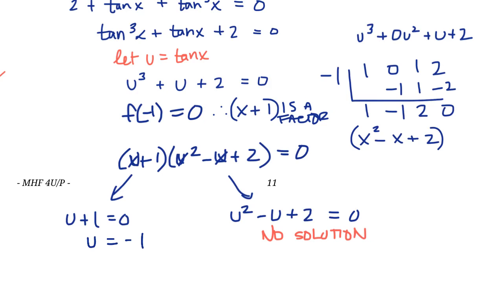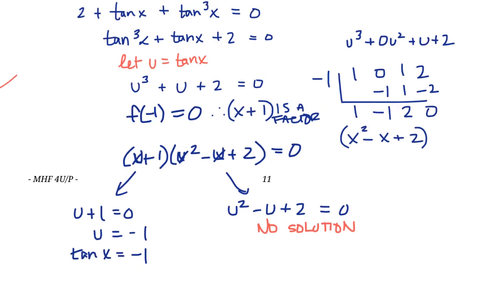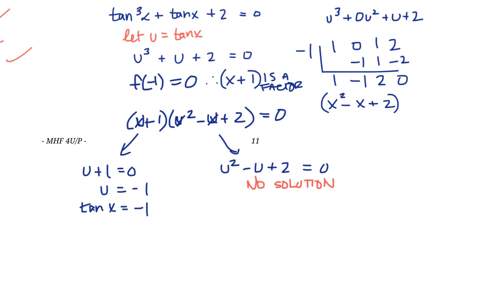That's going to be when we plug in our tan. Remember, u just equals tan x. Where does tan x equal -1? So this is where we can use any method we want. You can draw out your sketch. Where is tan going to be negative? Well, it's going to be here and here. We can find our beta either by just using our calculator, right?